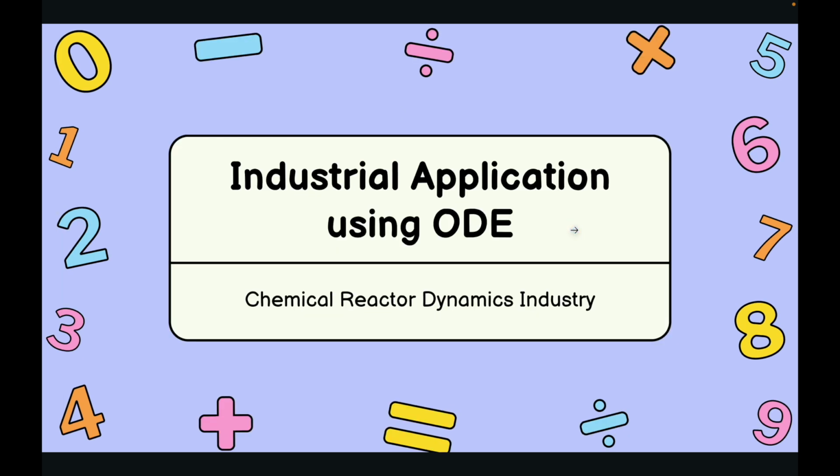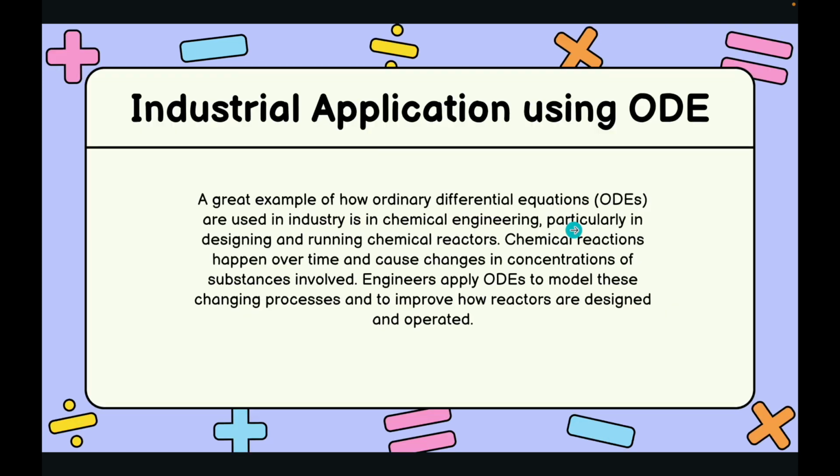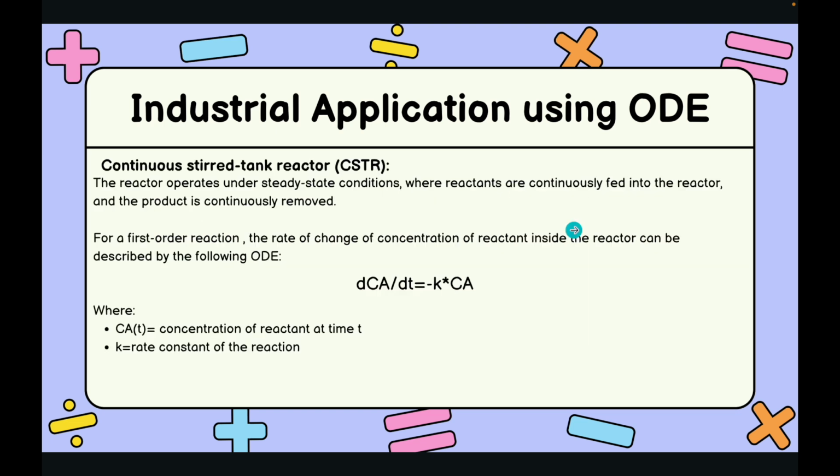Industrial application using ODE. So I use the chemical reactor dynamics industry. This is a great example of how ordinary differential equations, ODEs, are used in industry, in chemical engineering, particularly in designing CSTR reactors. For a first order reaction, the rate of change of concentration of reactant inside the reactor can be described by the following ODE.